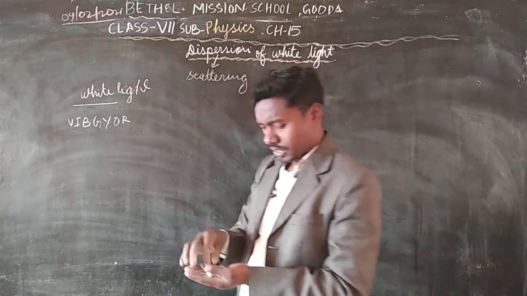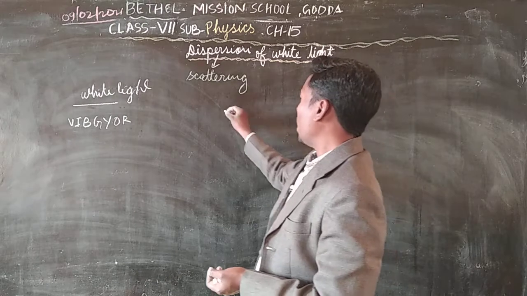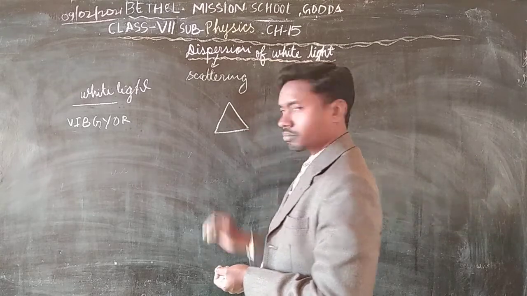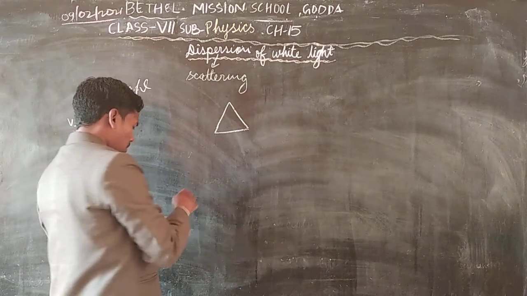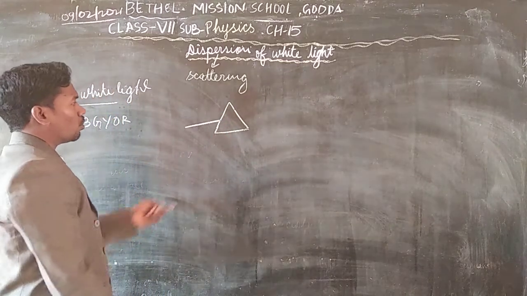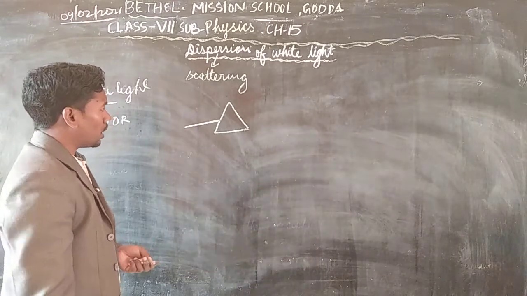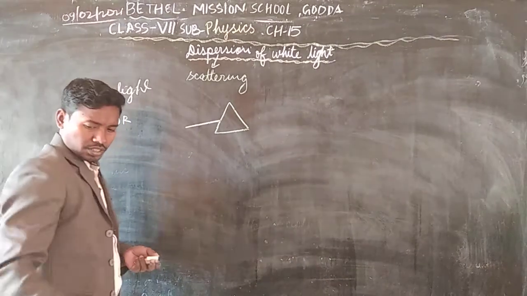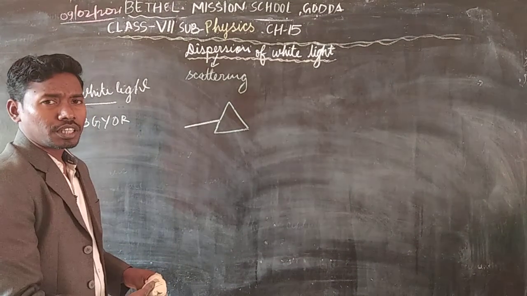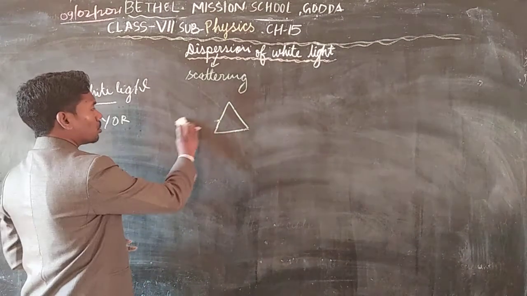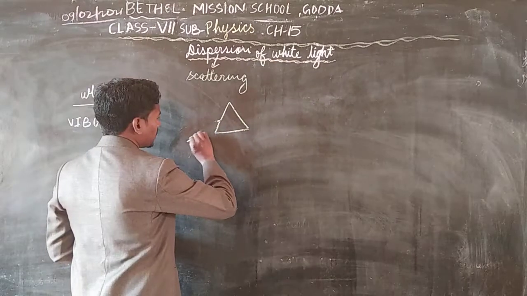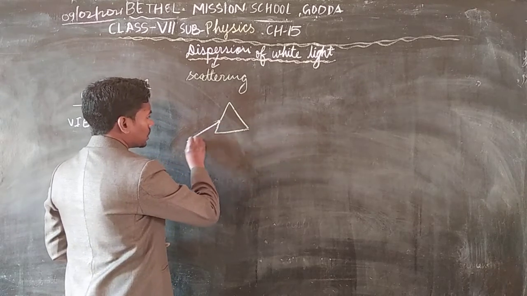When white light strikes a prism, this is the shape of a prism, and when the light strikes the surface of the prism, it bends, as you might have studied when we were talking about lenses.